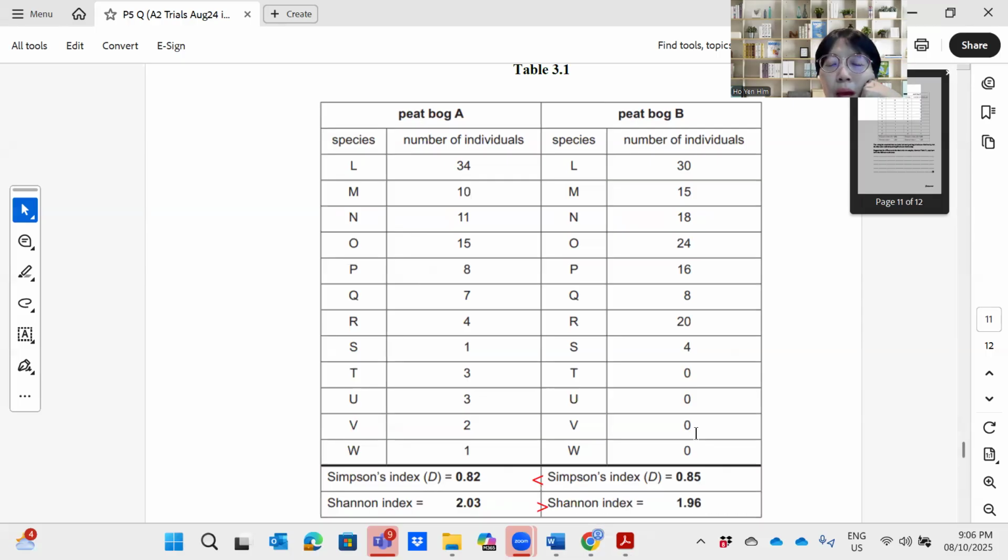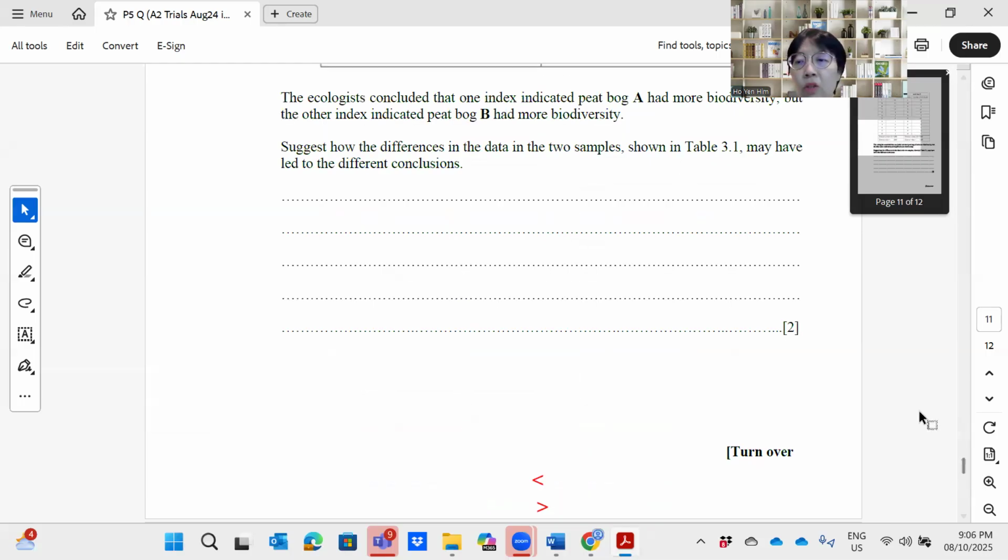So both are indices for biodiversity or species diversity, but how come they show different conclusions? So the question asks a student to deduce why they lead to different conclusions. Let's look at the phrase of the question.